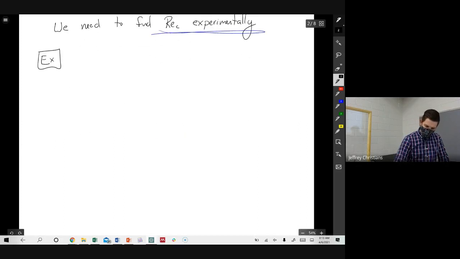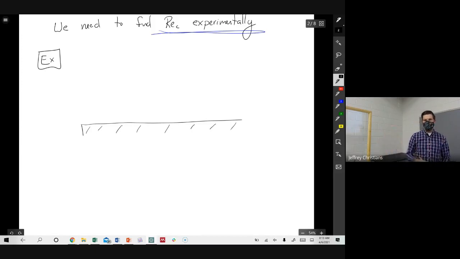We have a flat plate. Again, we're looking at this simplified case to start developing some intuition around what things matter and how they matter. So flow over a flat plate, we'll put some axes on this, Y and X. We have our flow here.